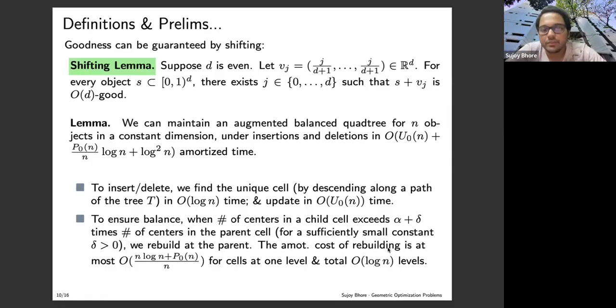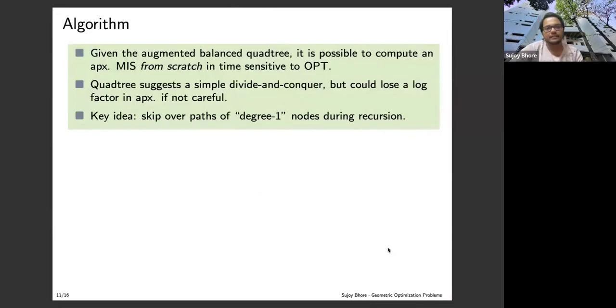To ensure the balancing factor, whenever the number of cells in the child exceeds some threshold, let's say alpha plus delta times the number of centers in the parent cell, we rebuild at the parent and then charge all of this in an amortized way. So this is the algorithm basically.